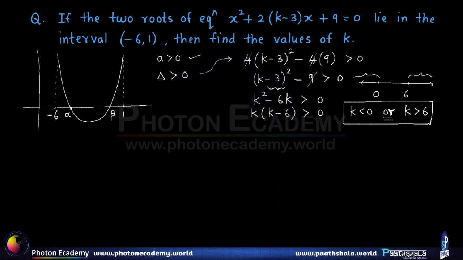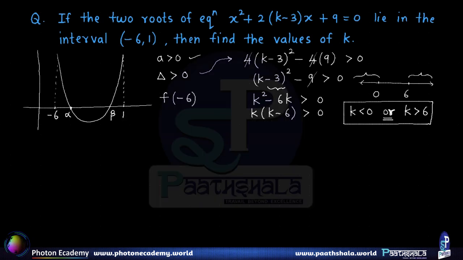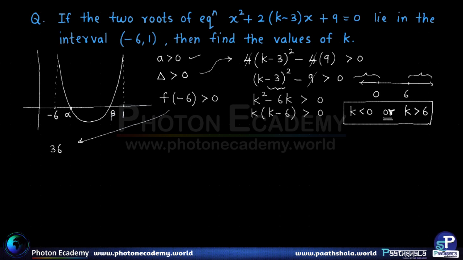As we have seen, the next condition we must put is f of minus 6 has to be positive. So let's evaluate that. Here we will get x square, that is minus 6 square, which is 36, plus when we put x as minus 6 we will get 2 into minus 6, which is minus 12, into bracket k minus 3, plus 9 should be positive.